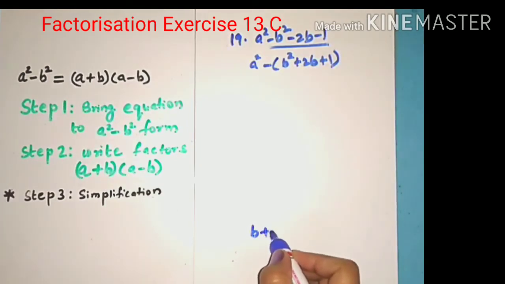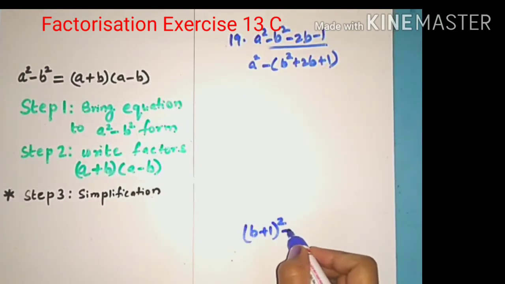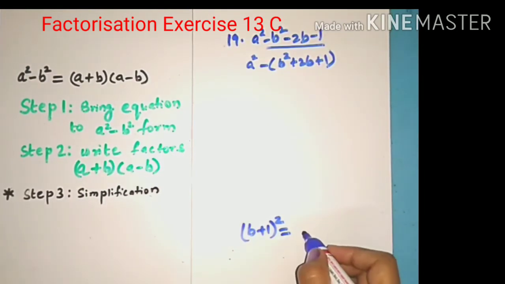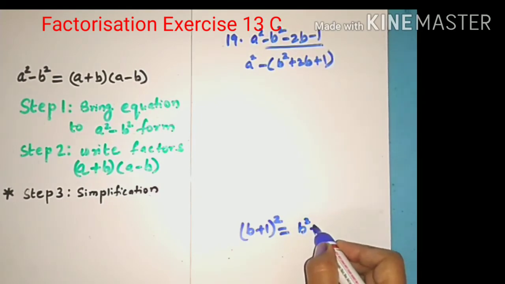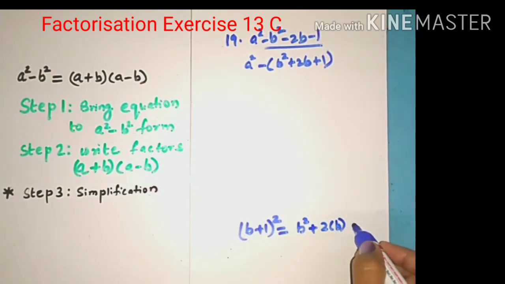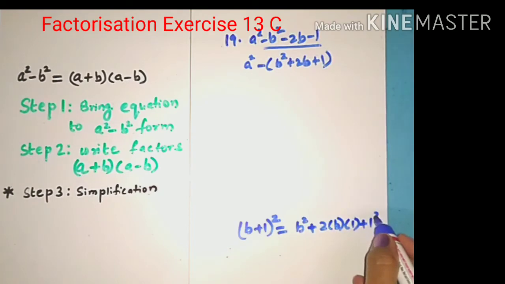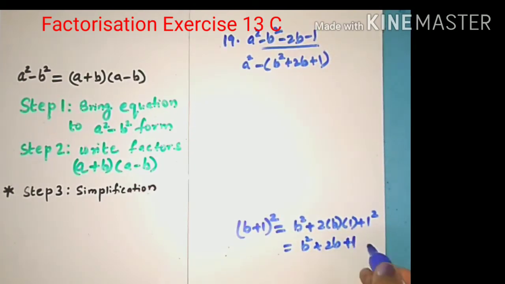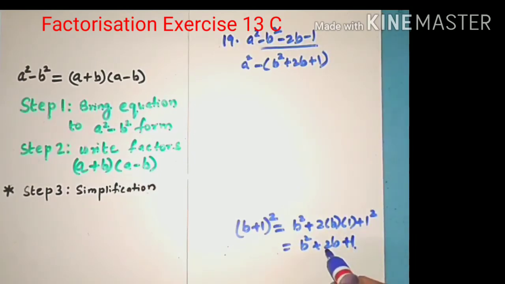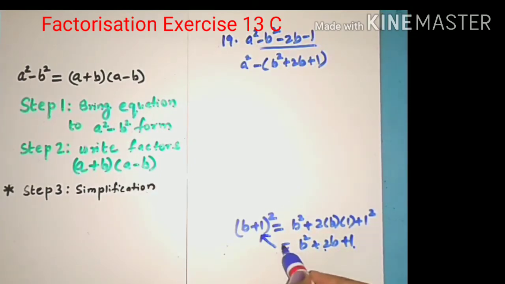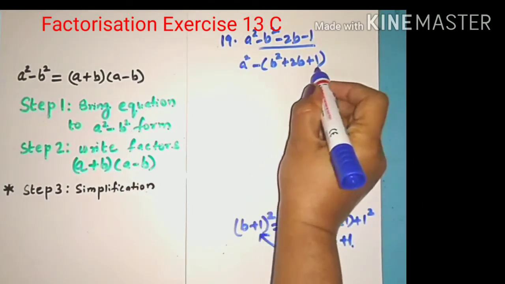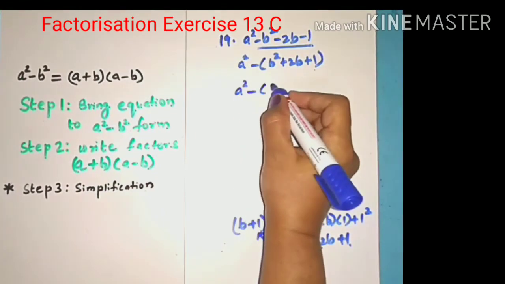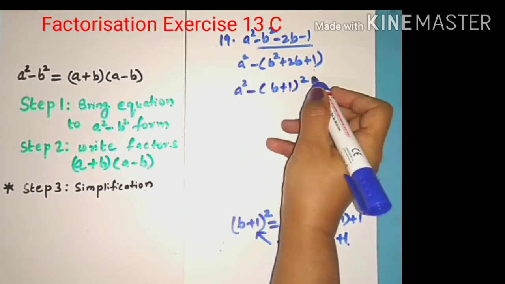We will write this as (b plus 1) whole raised to square, because if we expand this by using the identity (a plus b) whole raised to square, we have b square plus 2 into b into 1 plus 1 square, that is b square plus 2b plus 1. So instead of this we will write this. So we will convert this into (b plus 1) whole raised to square. So we have a square minus (b plus 1) whole raised to square.